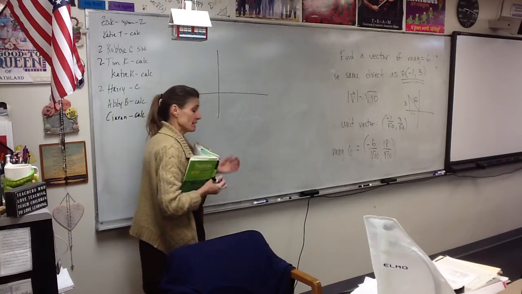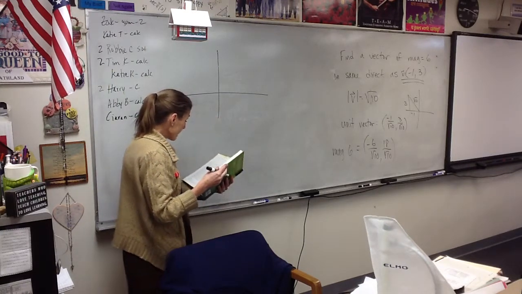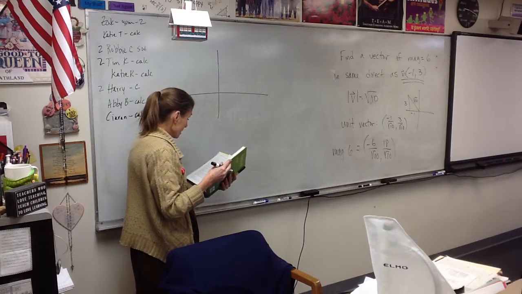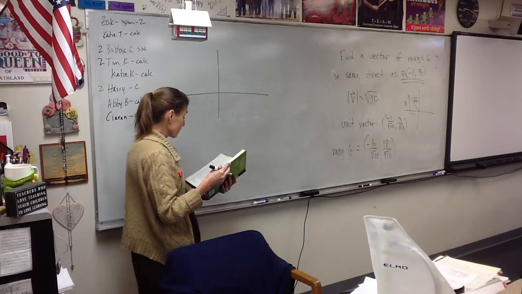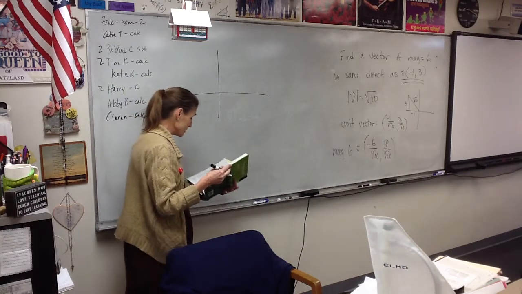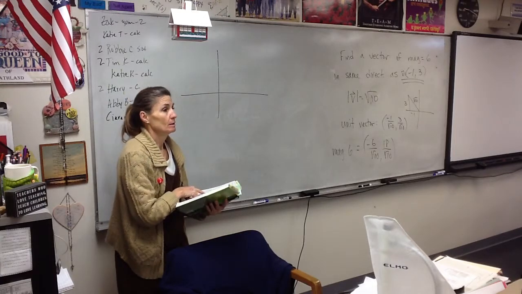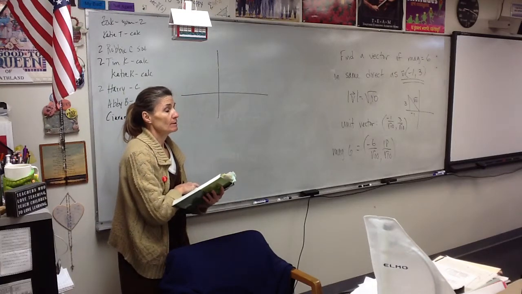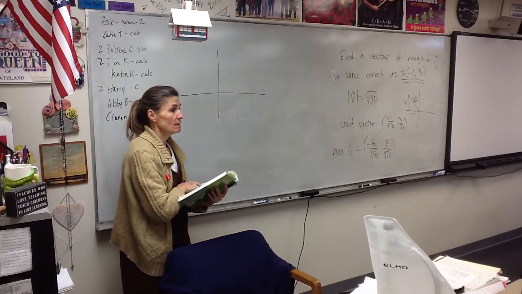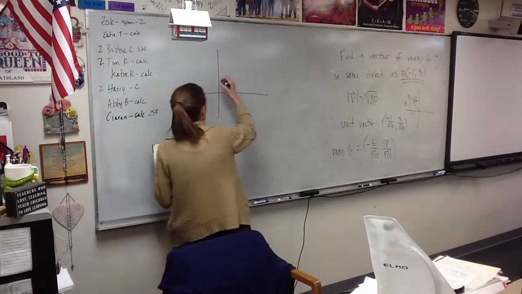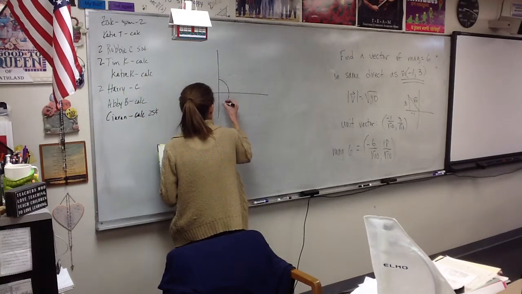And we have an airplane flying on a heading of 170 degrees. Now be careful, this is a compass heading. So do you remember 170 degrees would look like this, right?